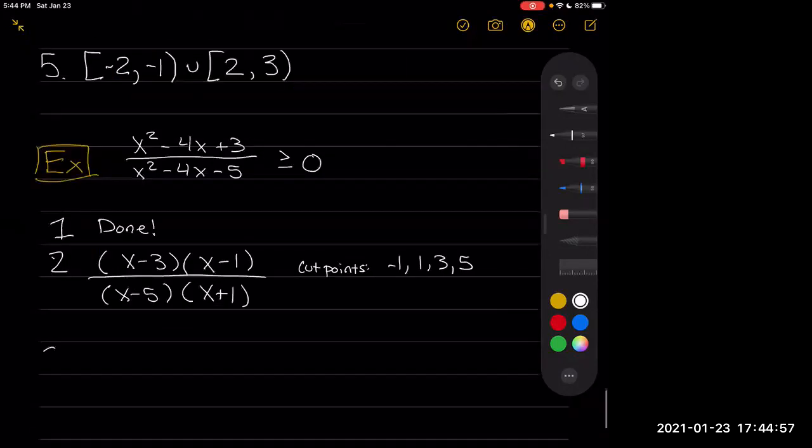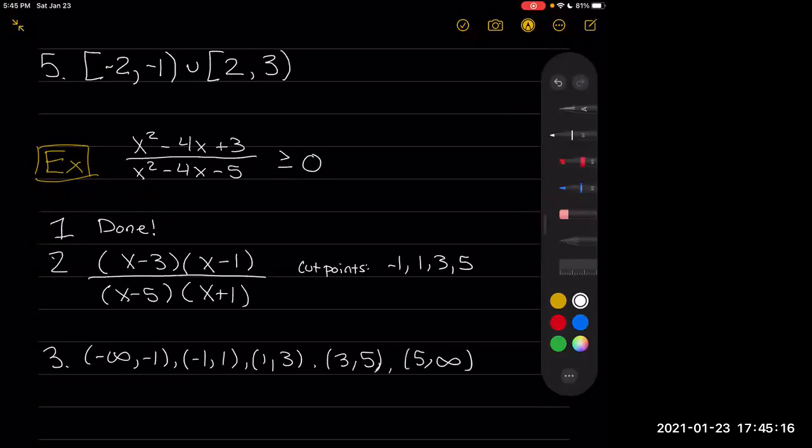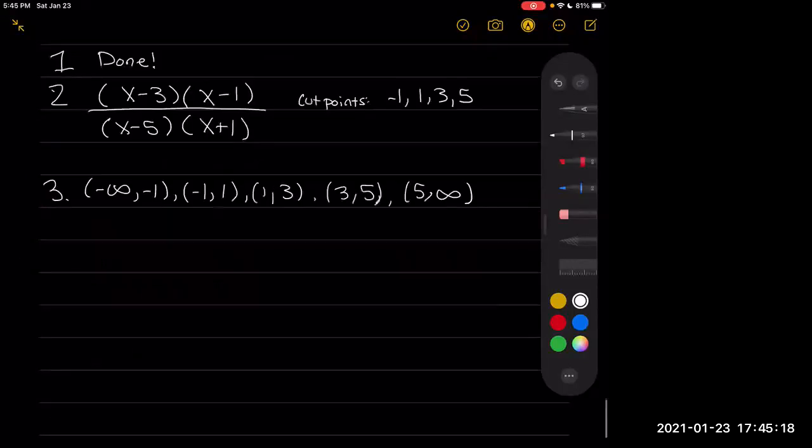So in step 3, our intervals are -infinity to -1, -1 to 1, 1 to 3, 3 to 5, and 5 to positive infinity. And then step 4, we're going to make our table.